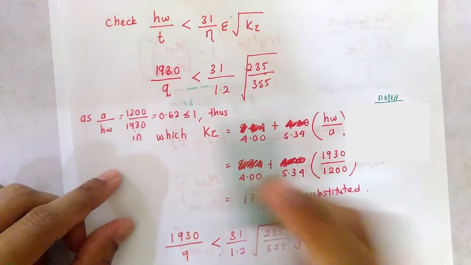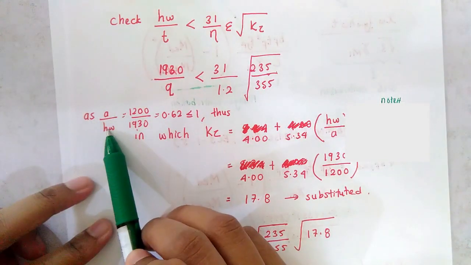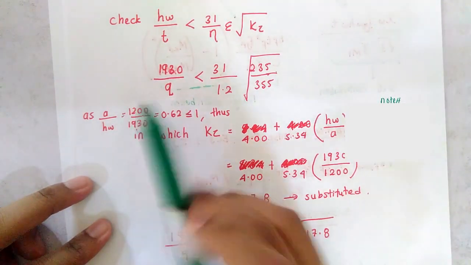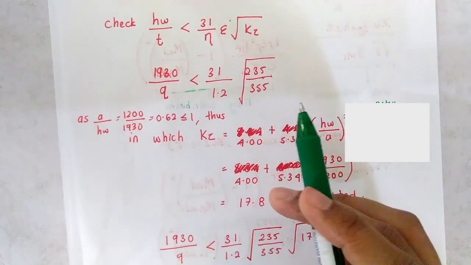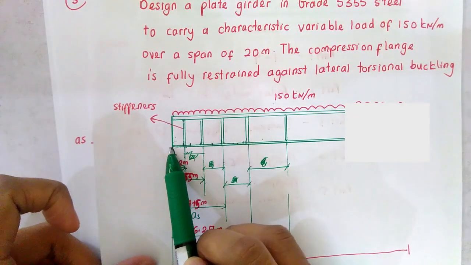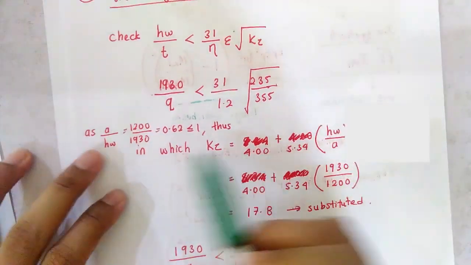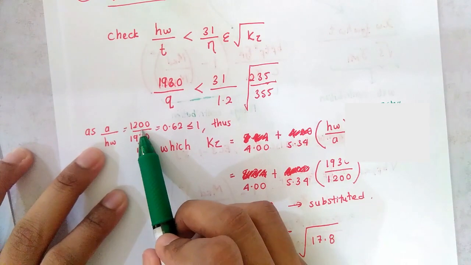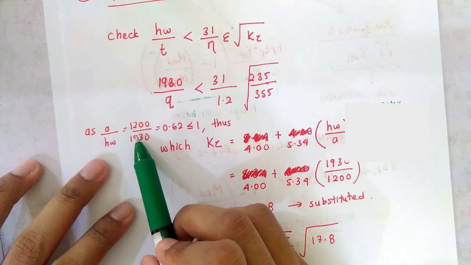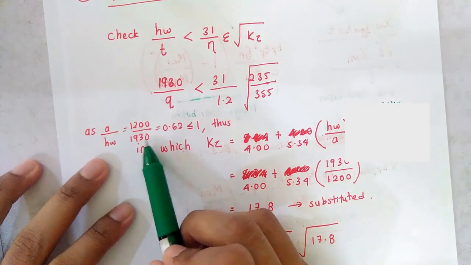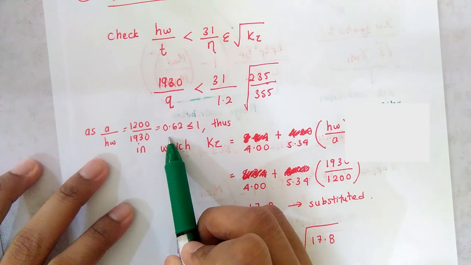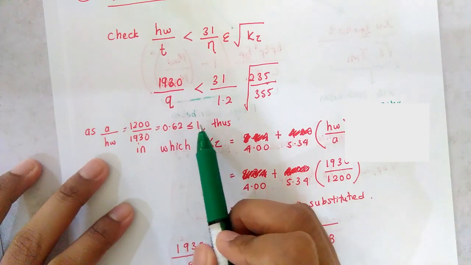So we now calculate a over hw, where a is the distance. We are doing the first one, the distance from support, which is 1.2 meter. So 1200 over 1930, we get 0.62, which is lesser than 1.